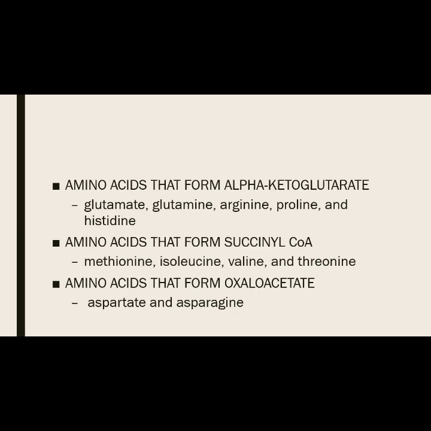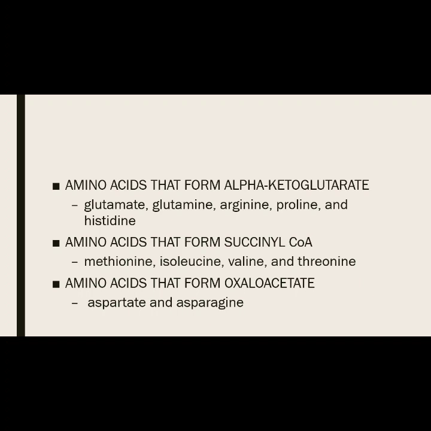These amino acids form your alpha-ketoglutarate: glutamate, glutamine, arginine, proline, and histidine. For your succinyl-CoA, you have your methionine, isoleucine, valine, and threonine. For your amino acids that form your oxaloacetate, you have your aspartate and asparagine.